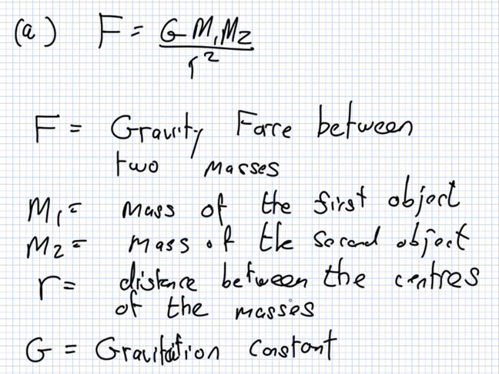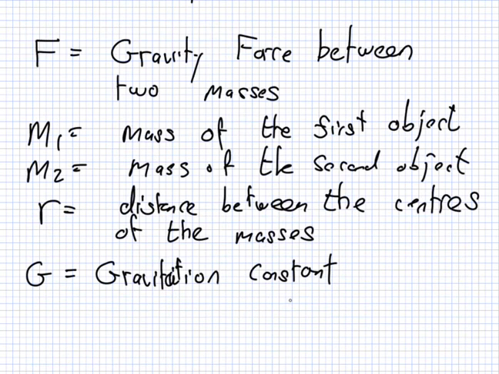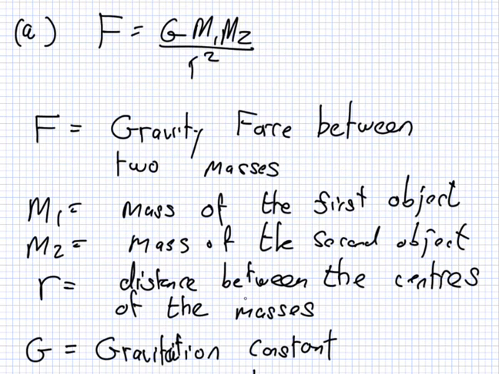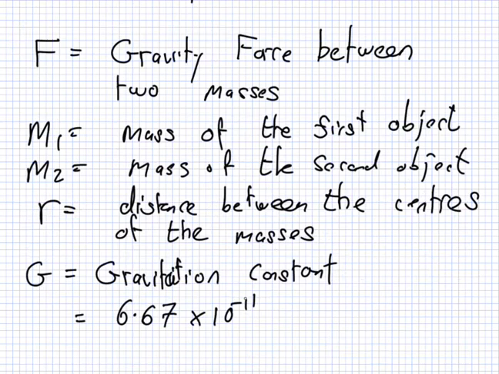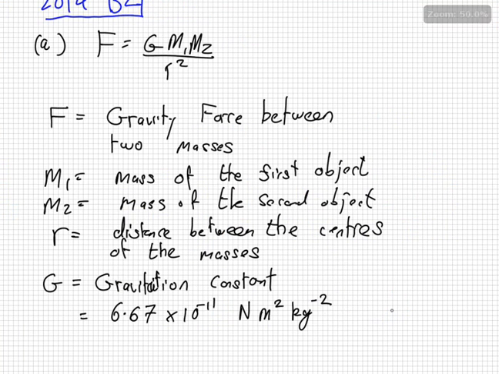And the value of it? Yeah, it's 6.67 times 10 to the minus 11, and the unit would be Newton meter squared per kilogram squared. Unfortunately, that's a lot of writing for only 2 marks, but it should be 2 marks nonetheless for everybody.